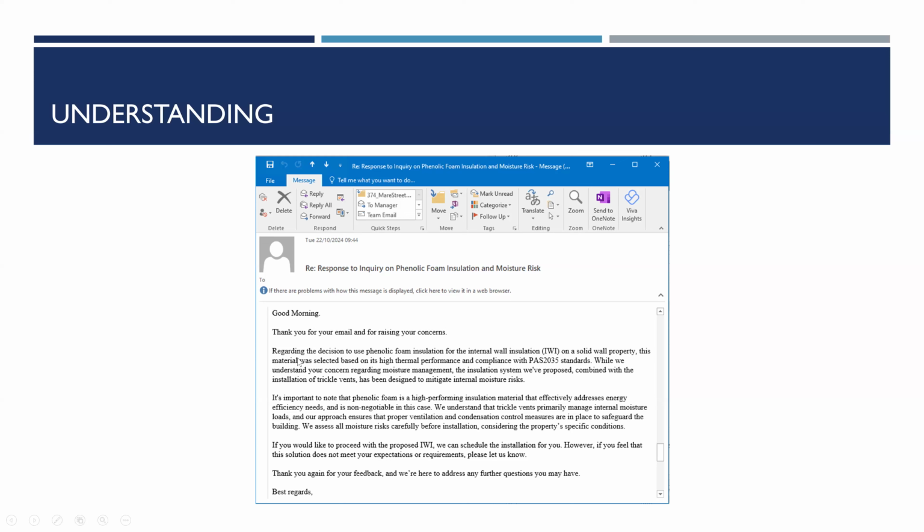If you read through this, when you asked why they were proposing phenolic foam, which for anyone who doesn't know is impermeable, very high thermal performance, but it can't manage moisture at all, they said it was selected based on its high thermal performance and compliance with PAS 2035 standards. PAS 2035 requires a moisture safe design, so it's not compliant in my view. They seem to think trickle vents are going to manage all of the moisture issues in the whole building and in the building fabric.